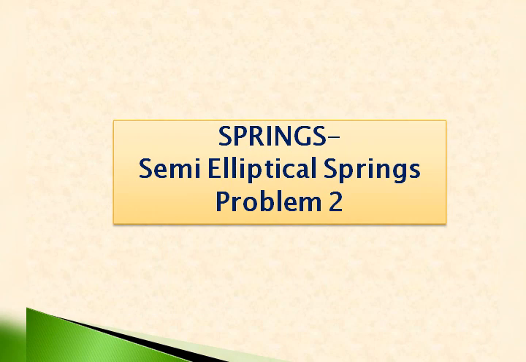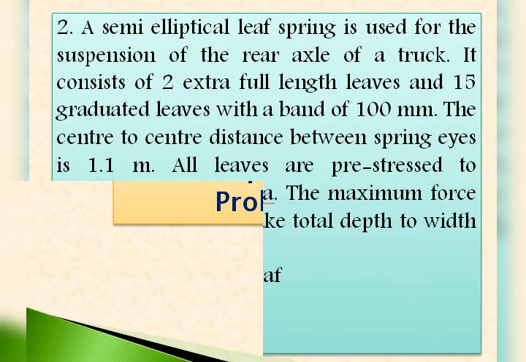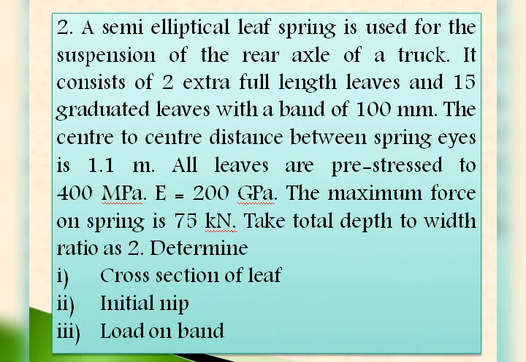Now we'll do one of the problems on a semi-elliptical leaf spring. The problem statement: a semi-elliptical leaf spring is used for the suspension of the rear axle of a truck. It consists of two extra full-length leaves and 15 graduated leaves with a band of 100 mm.